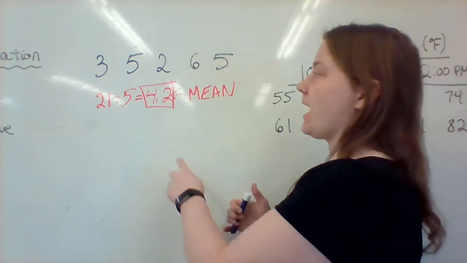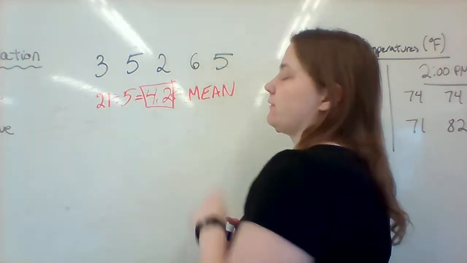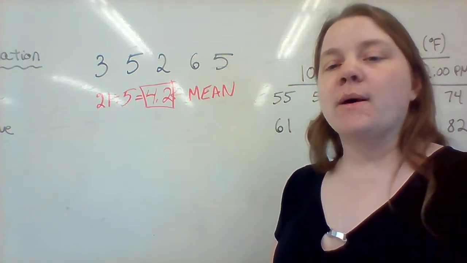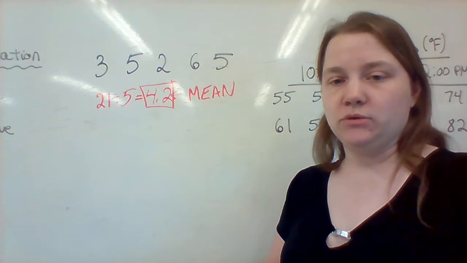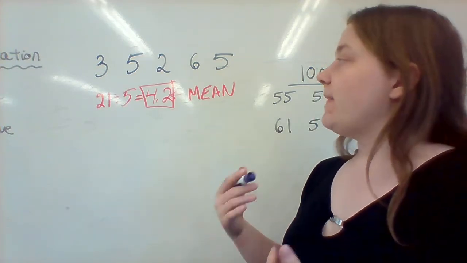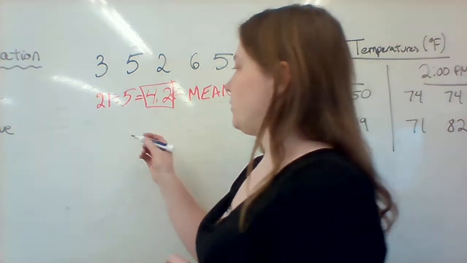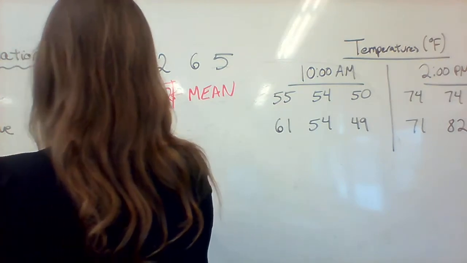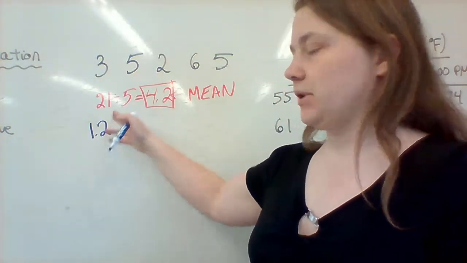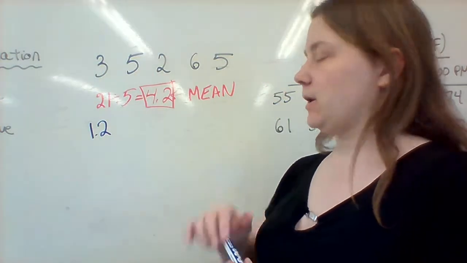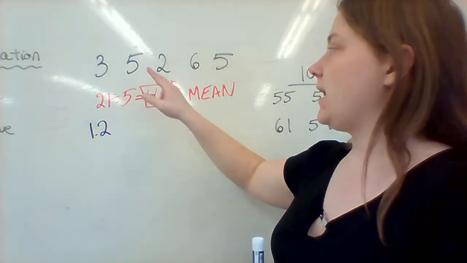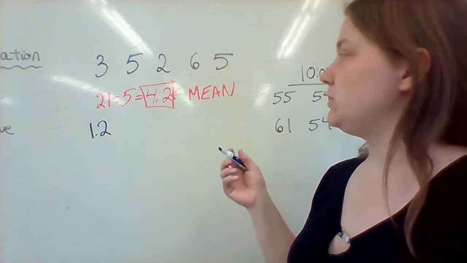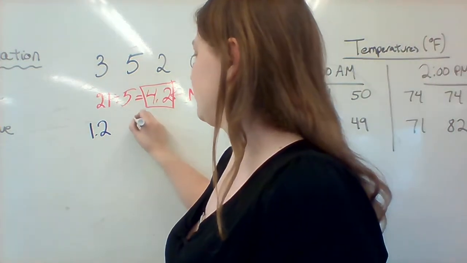So to figure out how far away 3 is from 4.2, I'm going to take the absolute value of 3 minus 4.2. So that is going to be 1.2. If I add 3 plus 1.2, I will get 4.2. Let's look at the next number. 5 minus 4.2 is going to be 0.8.